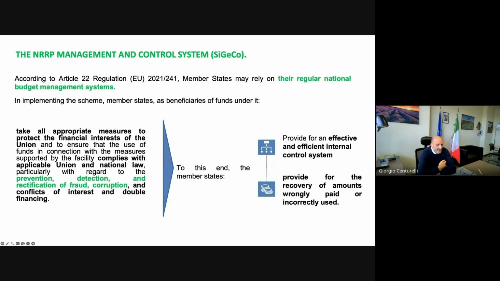for the member states to establish a specific management control system.